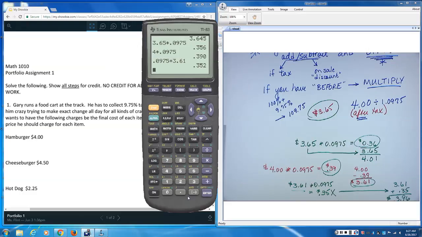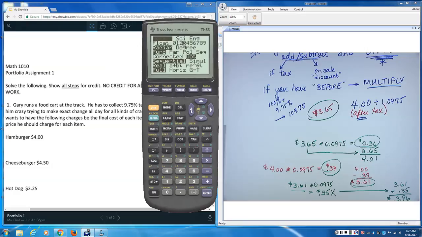Now, I got $3.64. You're off like a penny or two, that's okay. Everything within 1 cent, one way or the other is okay. Did I maybe enter something wrong? I think your settings on the calculator rounds it up. Let me look, because you might be right. I didn't check to see what mode it was in.